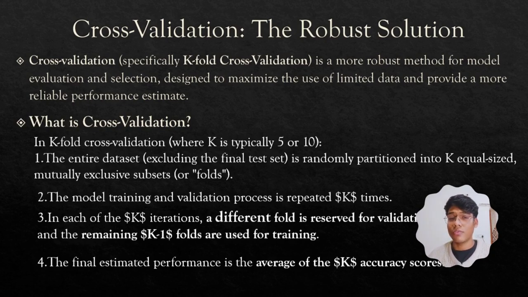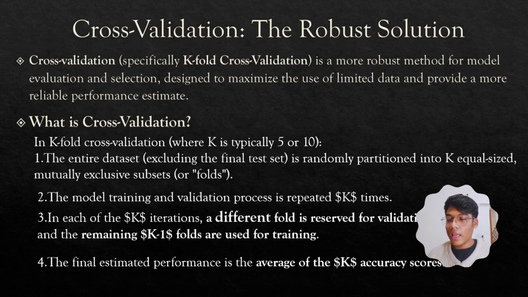Now, what is cross validation? In K-fold cross validation, where K is typically 5 or 10, the entire data set, excluding the final test set, is randomly partitioned into K equal-sized, mutually exclusive subsets or folds.